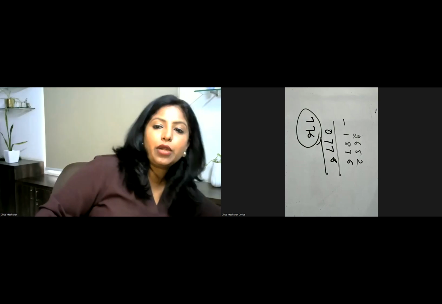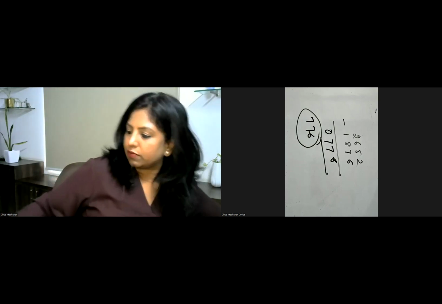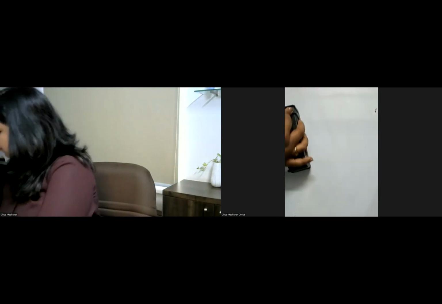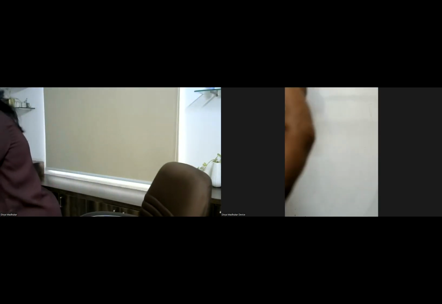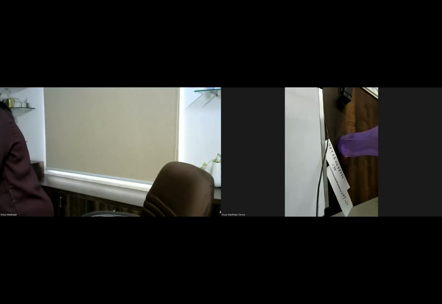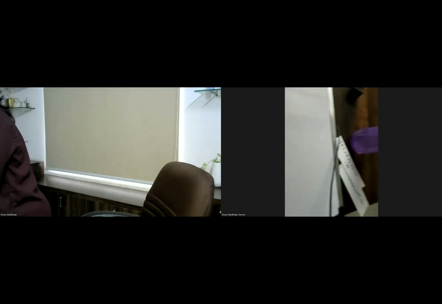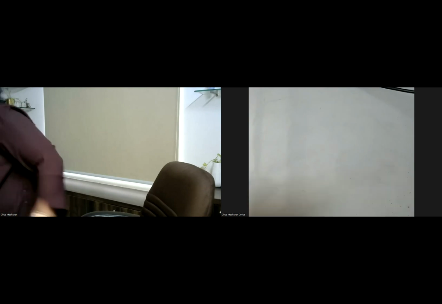So similarly, you will do it for your large bead frame also. That's it. Done. Okay, so that covers up your math portion.